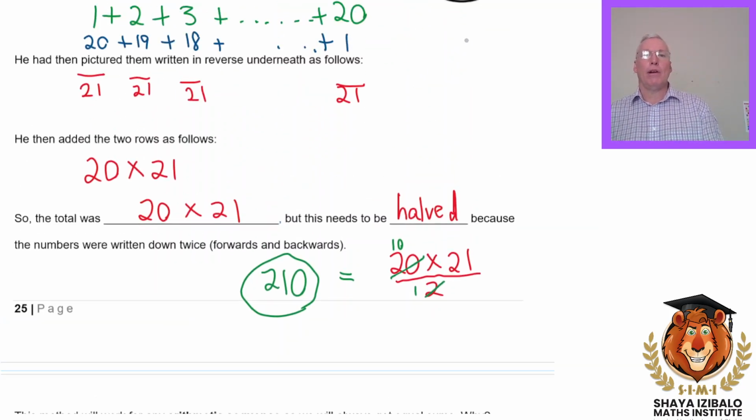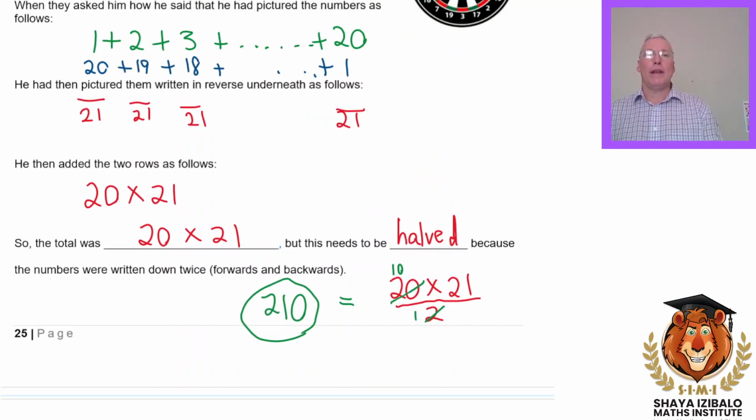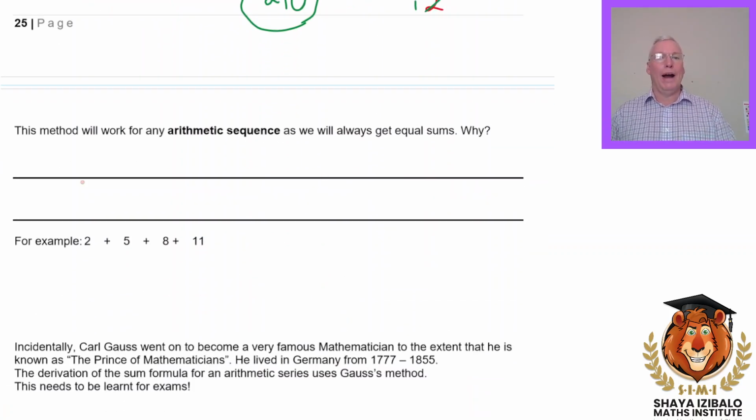You notice here we got the same answer for each of these additions. When we added down, we got the same answer. This will always work for arithmetic sequences. Why?